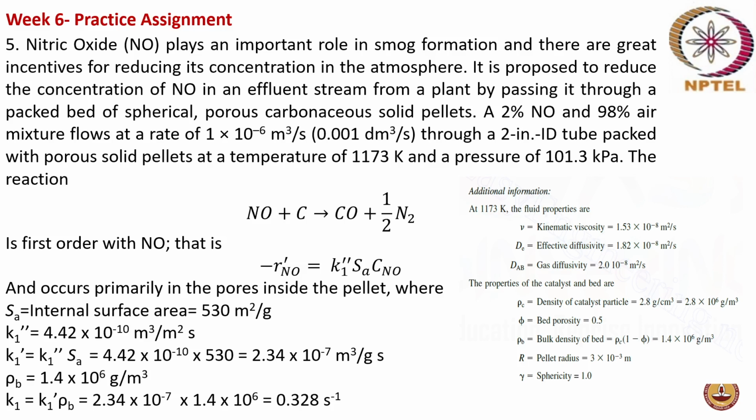So, K1 is equal to K1 prime into rho B. K1 prime we already calculated. It is nothing but 2.34 into 10 power minus 7 meter cube per gram of catalyst per second, multiplied by your bulk density of the catalyst, 1.4 into 10 power 6 gram per meter cube. Multiplying these two, you will get K1 equal to 0.328 second inverse.